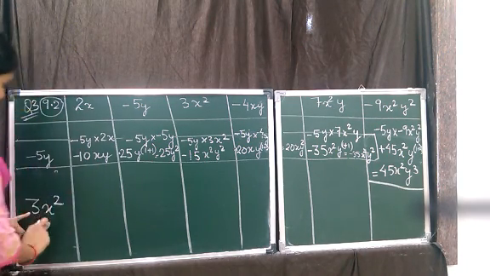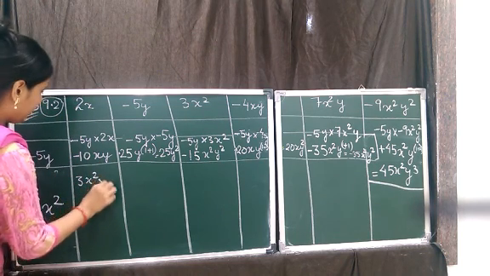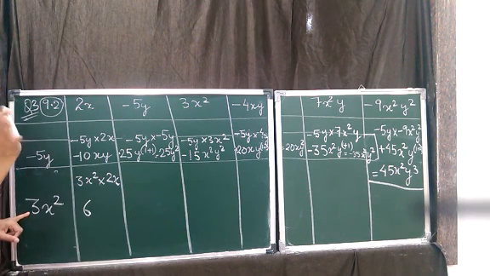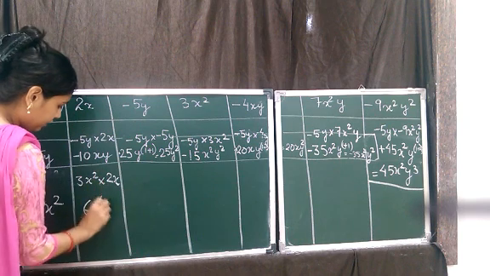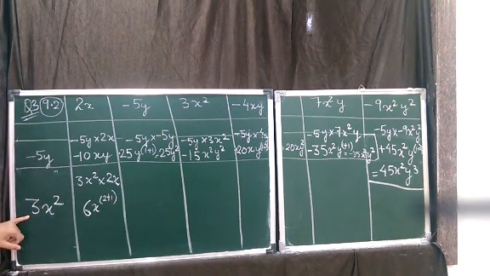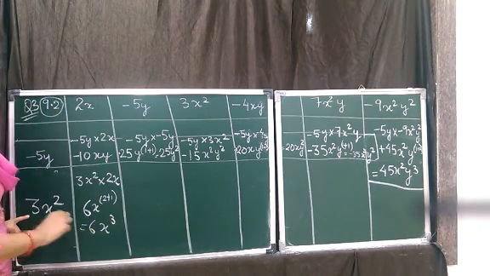So first monomial this, second monomial this. So 3x square into 2x. 3 2s are 6. There is no sign, so all positive. Then x, power is 2 and here power is 1, so the powers will be added. Why? Because x is common. So this gives us 6x cube.